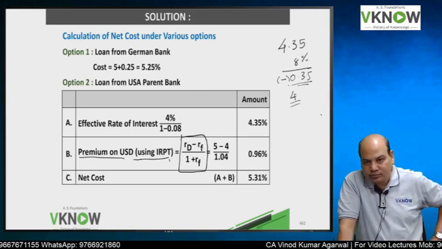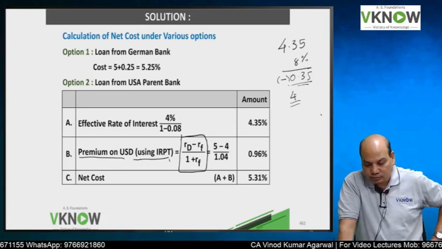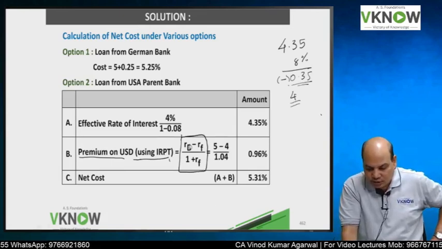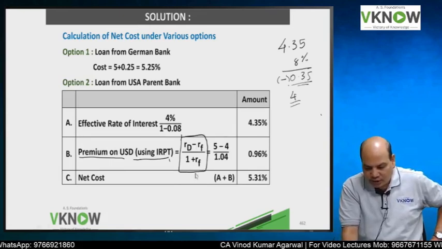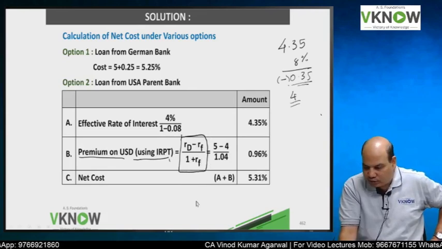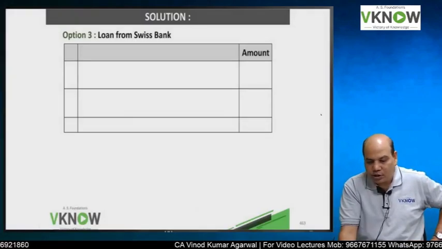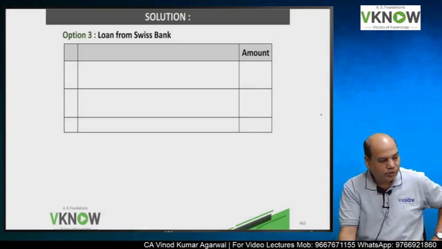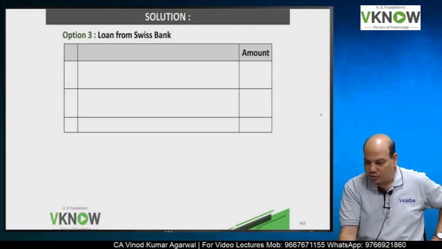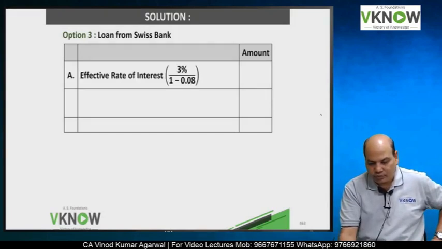Is it right? This formula we have discussed in the regular class and we have derived it also, but now we don't have time. Write down the next line. Option 3, loan from Swiss bank. Same calculation.